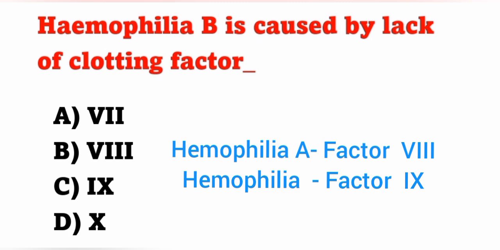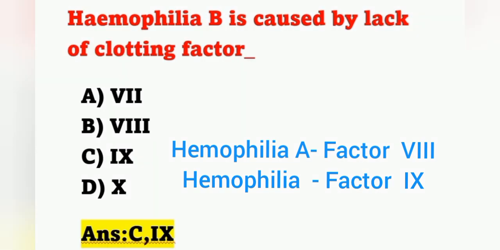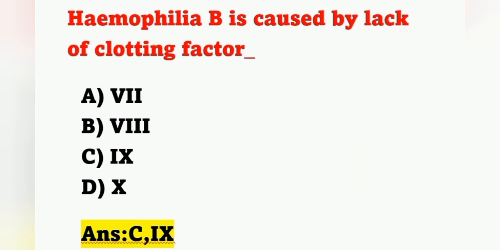And hemophilia B is caused by lack of clotting factor 9. So the answer is option C, clotting factor 9. Clotting factor 8 is anti-hemophilic factor A, and clotting factor 9 is Christmas factor or plasma thromboplastin component or anti-hemophilic factor B.